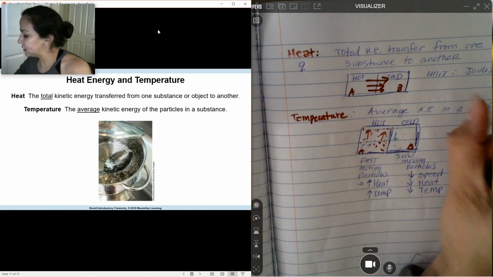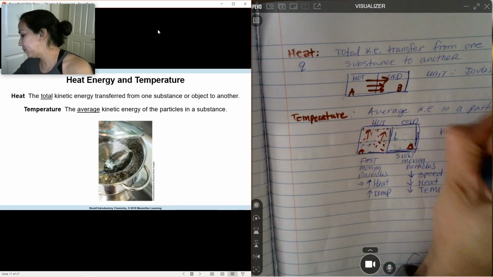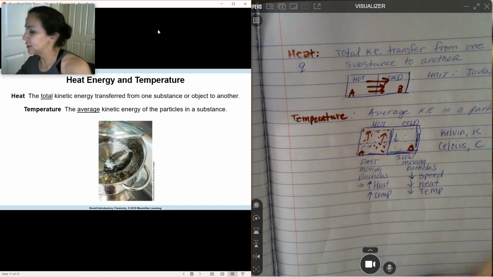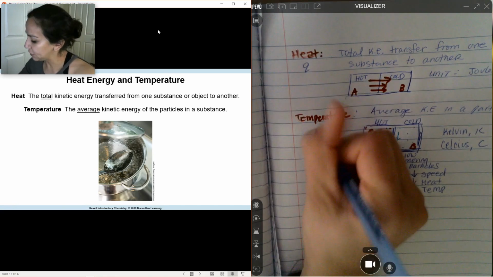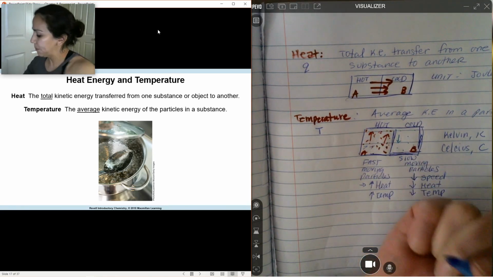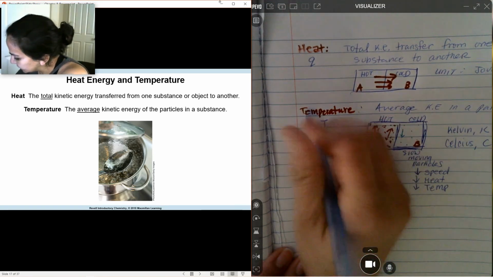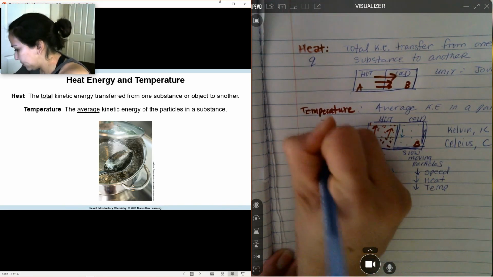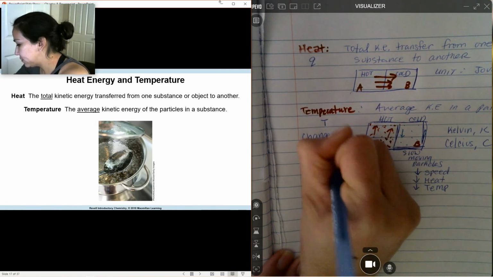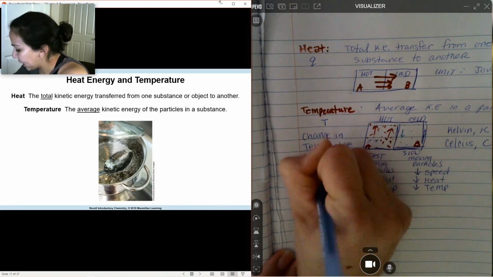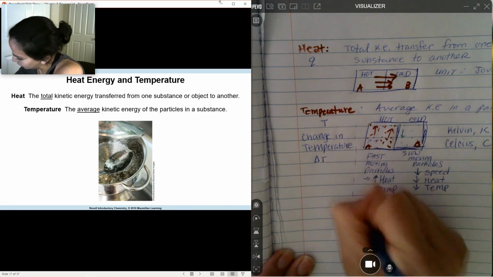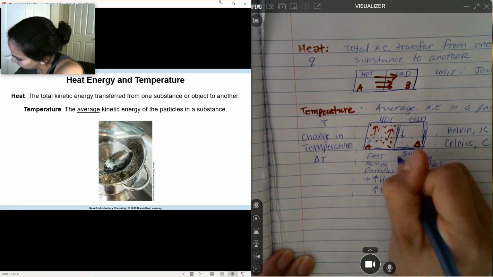And our units of temperature are going to be Kelvin, which is K, and Celsius, which is C. And we denote temperature with a T. And we denote the change in temperature with a delta T. So the change in temperature is denoted by a delta T. Make sure we don't confuse all of these.